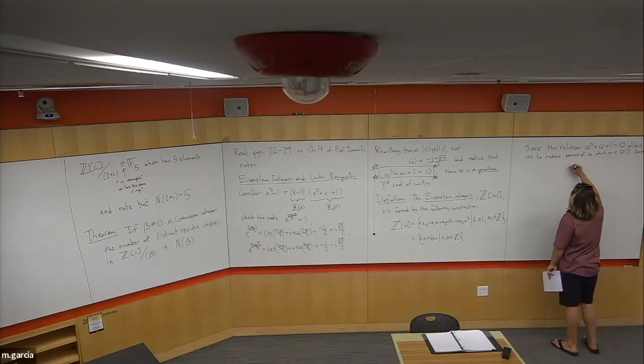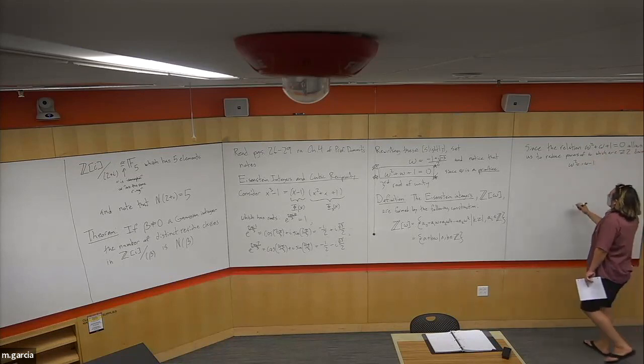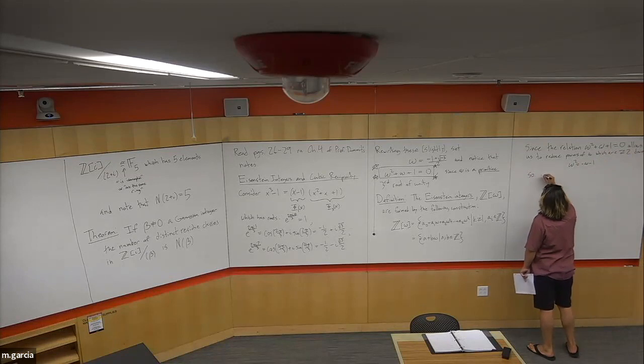That is to say, omega squared equals negative omega minus 1.